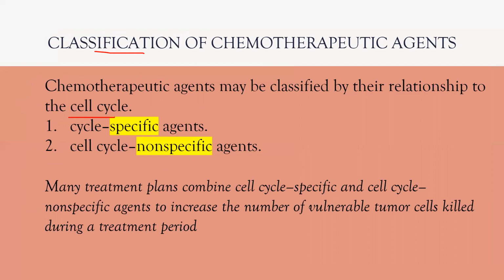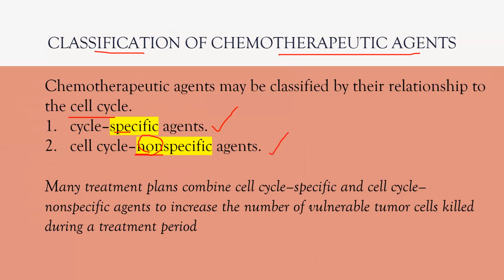They can be cell-specific agents or cell cycle non-specific agent. So ito yung pinag-usapan natin kanina. Kung saan, again, pipigilan o i-alter nung chemotherapeutic drugs yung replication ng cells para mamatay yung cells. Pero may tinatawag din naman tayong cell cycle non-specific agent.